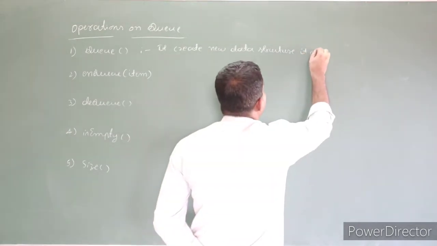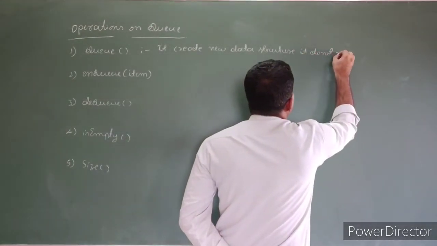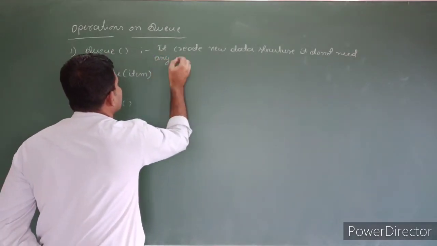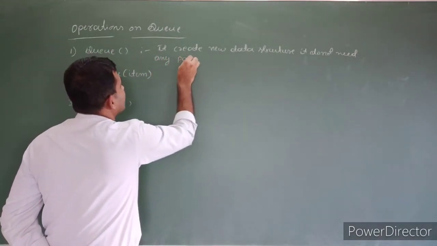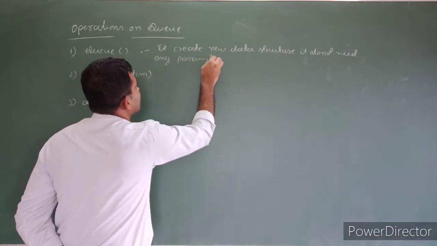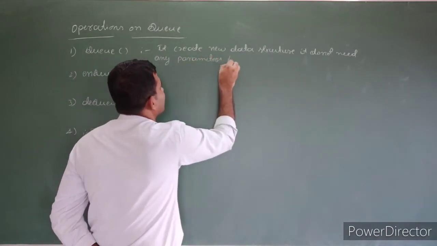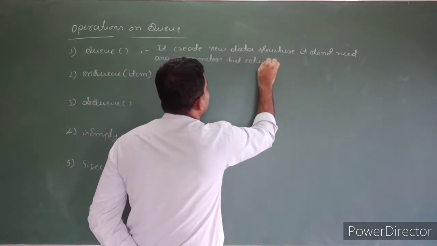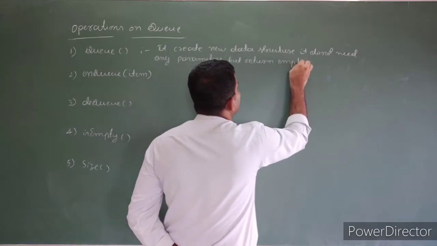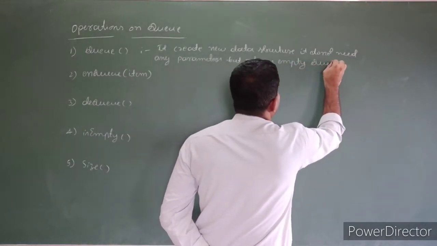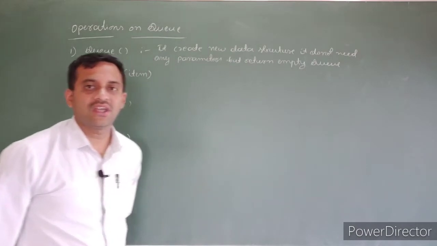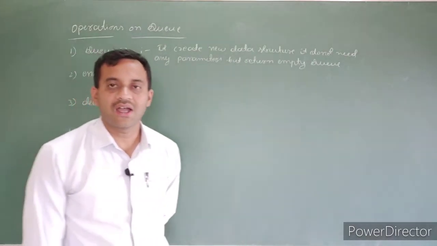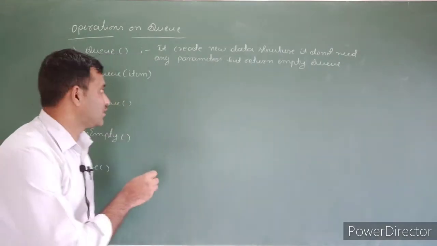It does not need any parameters, but it returns an empty queue. Creation of the data structure does not need any parameters or any items, but it returns an empty queue.